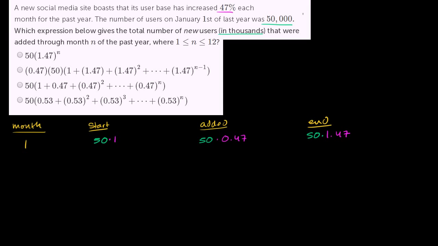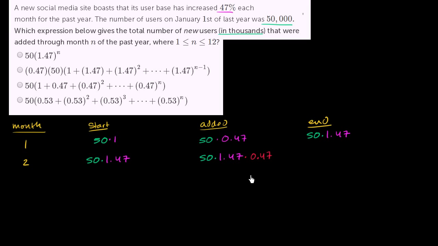So now let's go to month 2. We start with what we ended the last month. So I could just copy and paste this actually. So that's what we start with. Now what are we going to add? Well, we're going to add what we started with times 0.47.